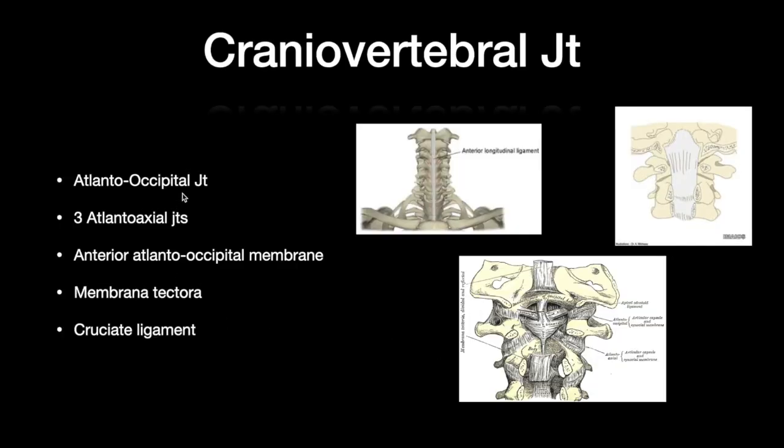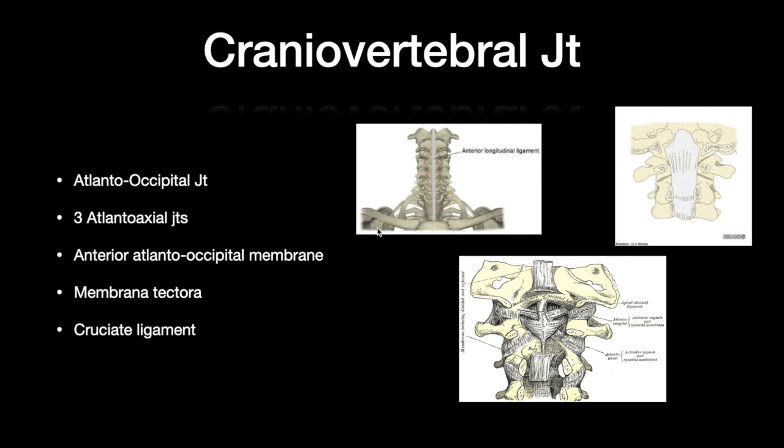The atlanto-occipital joint is where the atlas articulates with the basilar portion of the occipital bone right here. And the atlantoaxial joint are the articulations between C2 and C1 with the transverse processes, and with the dens, that's where it gets 3 joints.